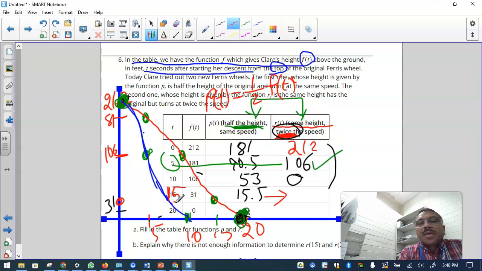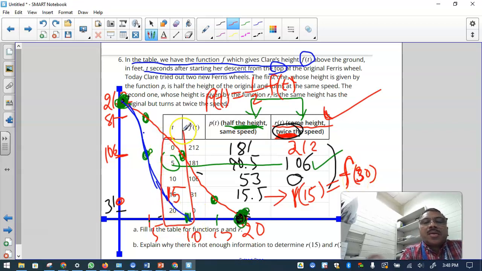So what you want to find is R of 15. Remember, R of 15 is the same as the original F of 30, because this Ferris wheel is going twice as fast, so it takes half of whatever the original takes. So here it is F of 30. But in this case, we don't know what F of 30 is.